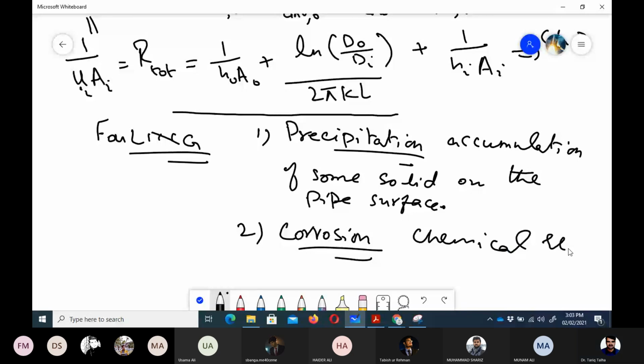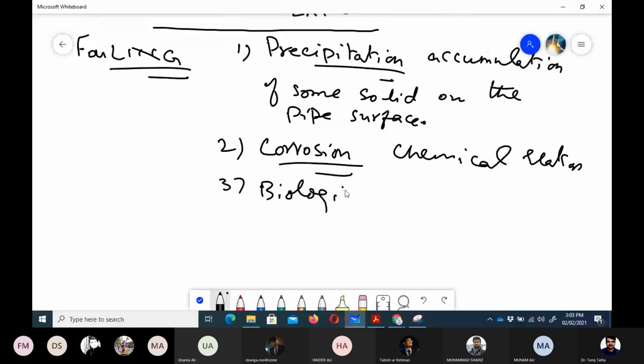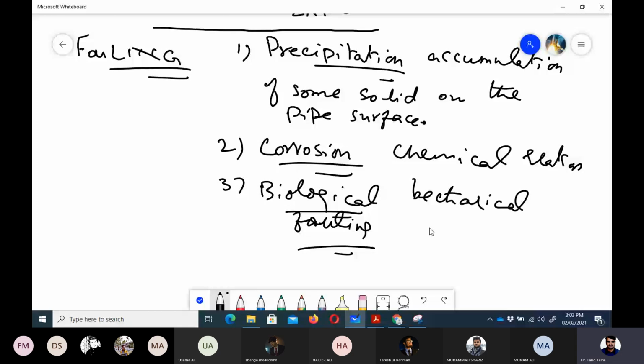And then the third one is biological fouling. That is when we have some bacterial growth on the pipe surface. Right, so we have these three types.